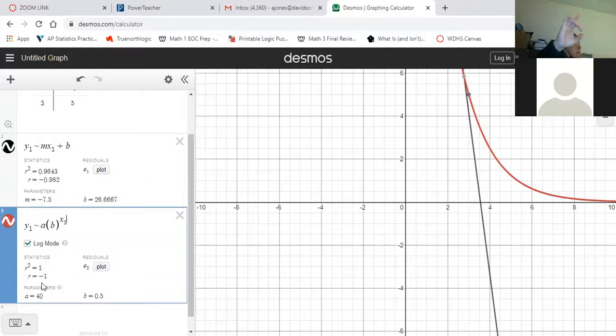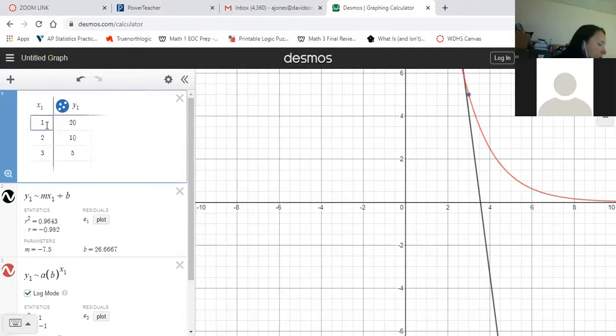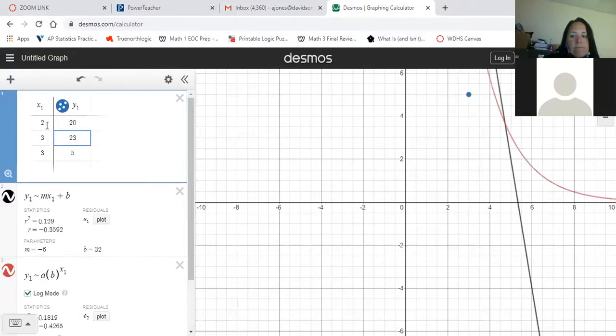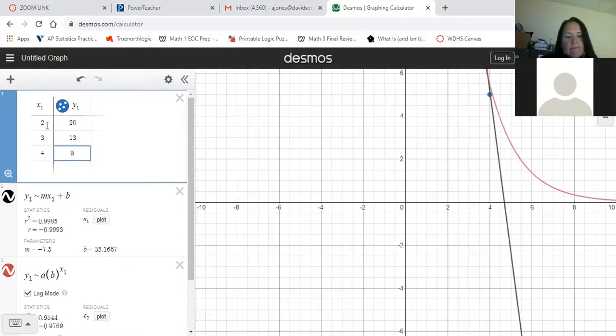Does that make sense? All right, so let me look at the one before that. I'm going to move it up and I'm going to change my table. We had 2, 10. We had 3, 13. And notice how it's changing my values down there. And we had 4, 16.